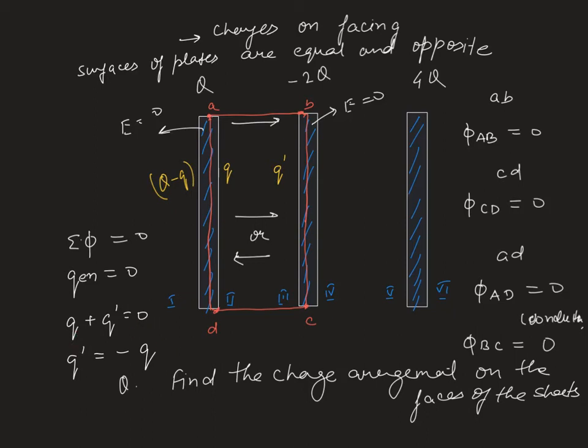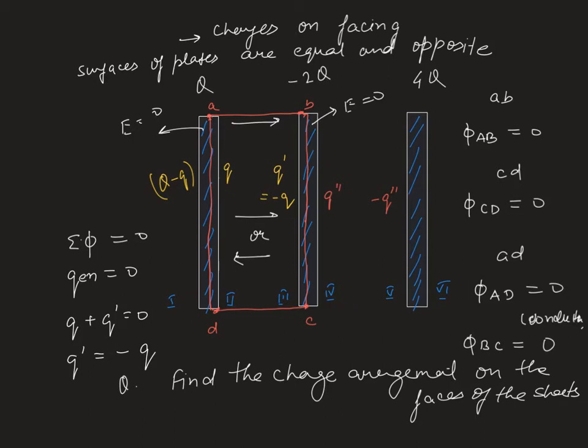And if q dash is minus q, we must know that on facing surfaces of the plates, that is in this case surface 2 and surface 3, they are facing surfaces. Likewise, surface 4 and surface 5 are also facing surfaces. So if we have a charge q double dash here, we are definitely going to have a charge minus q double dash here. So on the facing surfaces, the charges are equal and opposite.